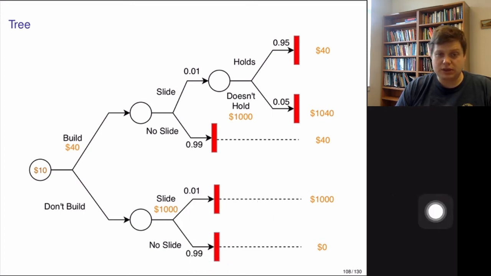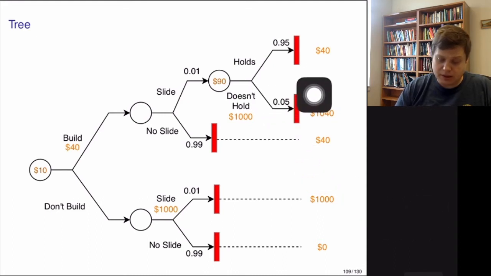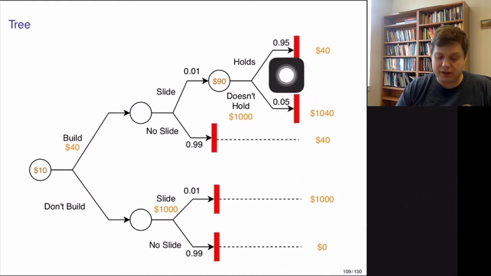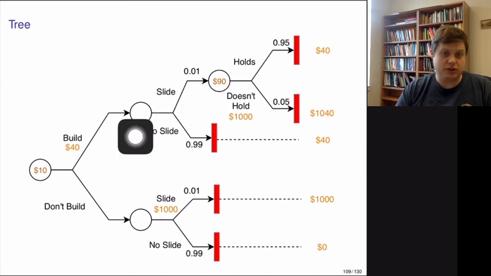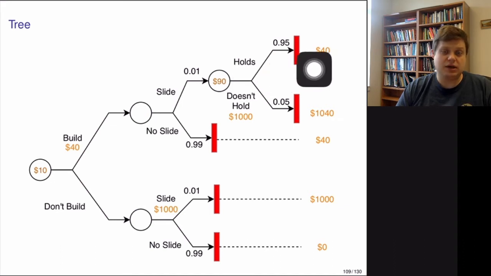Okay, so let's start filling in the expected cost associated with each of those branches. If the wall does hold, then we're looking at this branch. So we do build the wall, a slide does happen, and the wall did work. Then in this case, we spend $40,000, but there's only a 95% chance that we're going to spend only $40,000, right?